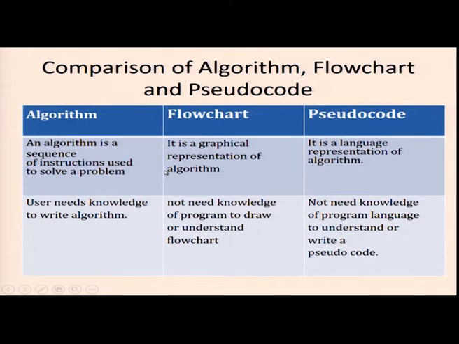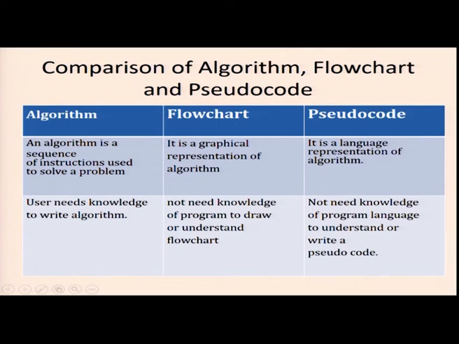My dear students, you might now understand the basic difference between algorithm, flowchart and pseudocode. An algorithm is a sequence of instructions given to solve a problem, whereas a flowchart is the graphical representation that is denoted based on the algorithm. A pseudocode is a language representation of an algorithm.